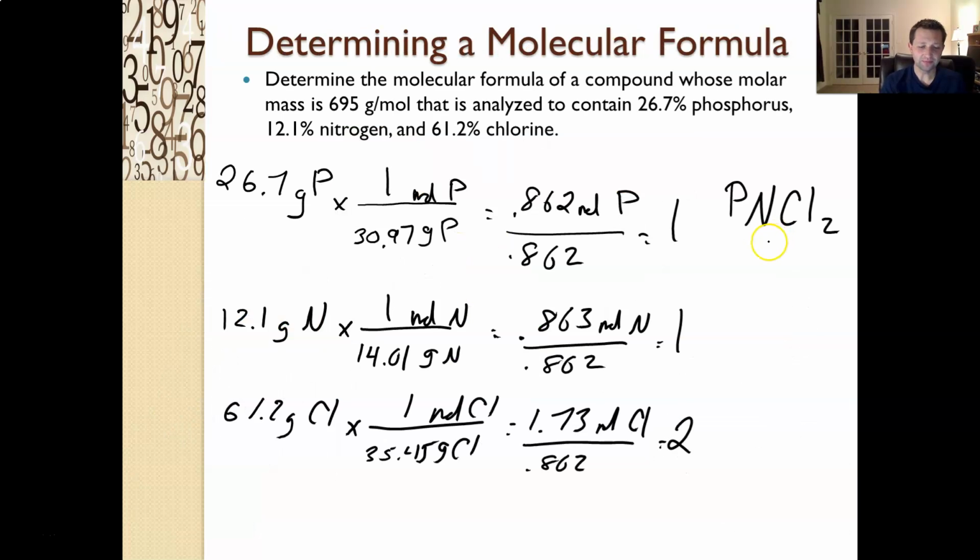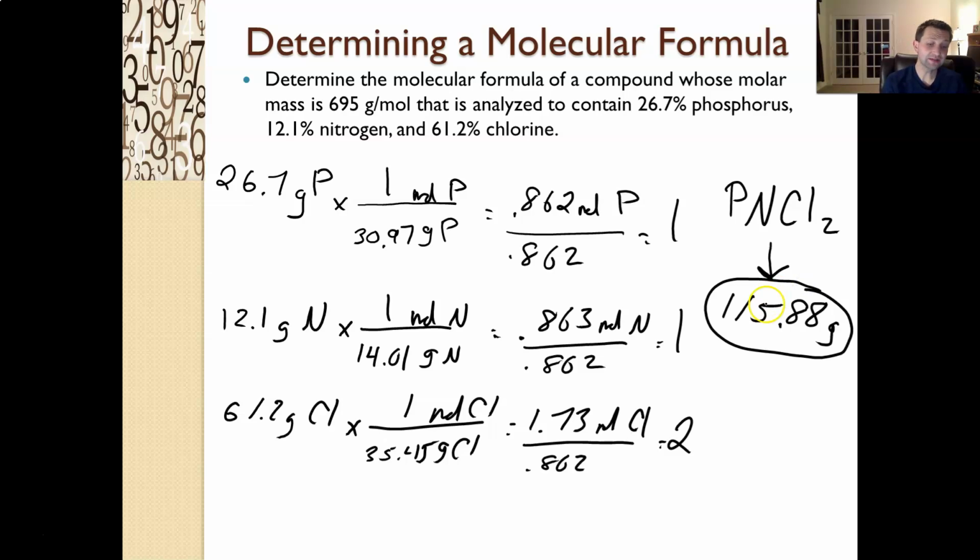So let's find the molar mass of this empirical formula. So I add up a phosphorus, a nitrogen, 2 chlorines. That's going to give me a molar mass of 115.88 grams.